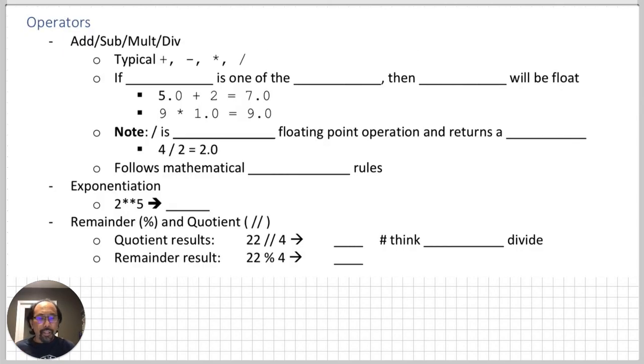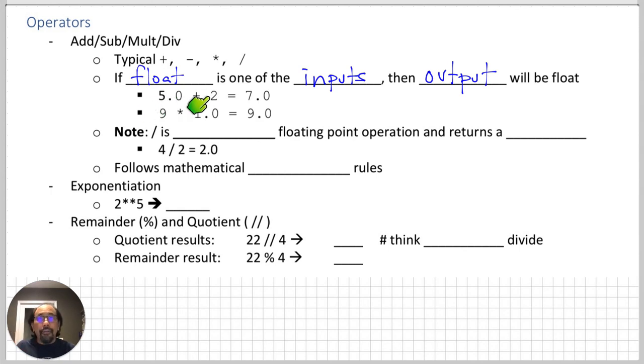Okay, operators. Let's talk about that. Now, an operator is something that operates on two things, like an addition operator, multiplication operator, and they are the typical ones that are familiar from math. What we have to really understand is, how do they operate? We have to think about the data types.